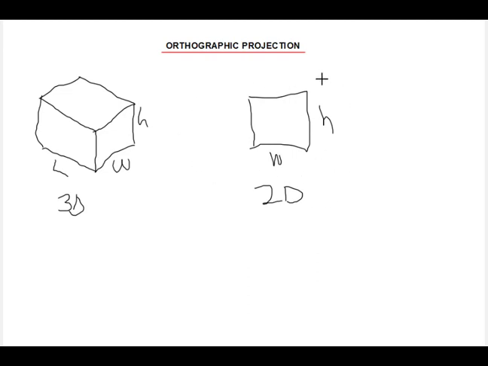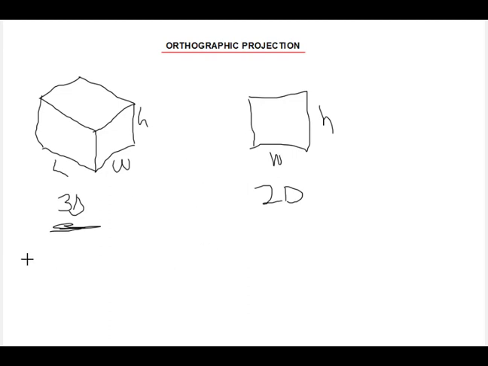So the views that you draw in orthographic projection represent the 2D views, and the component that is given in isometric is a 3D component. These views are usually drawn at 90 degrees.